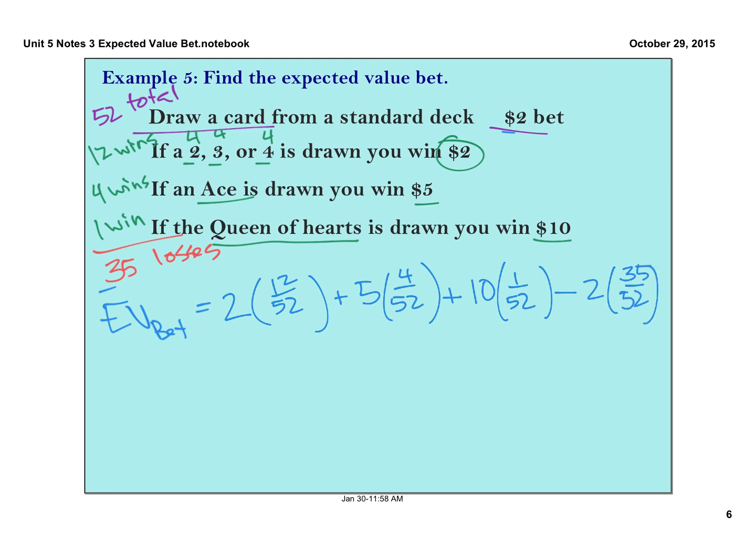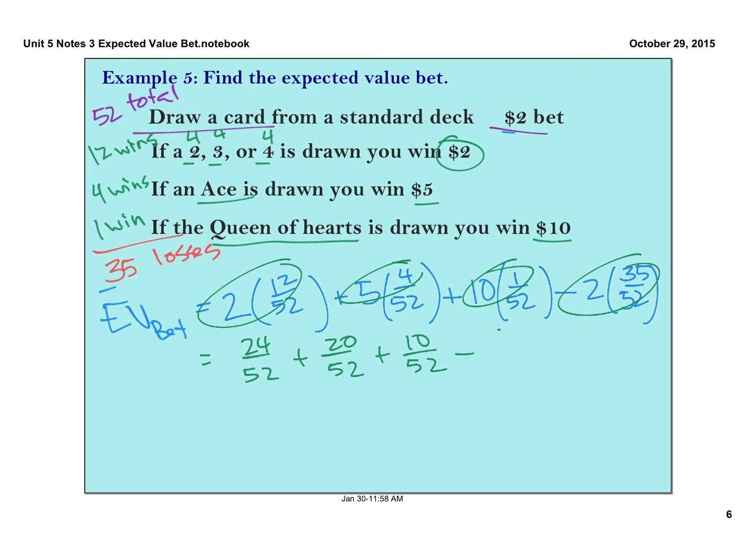All right, here we go. Let's put all that together. So I've got 24 out of 52 plus 20 out of 52 plus 10 out of 52 minus 70 out of 52. And putting all those together, I have 24 plus 20 plus 10 minus 70, negative 16 out of 52.